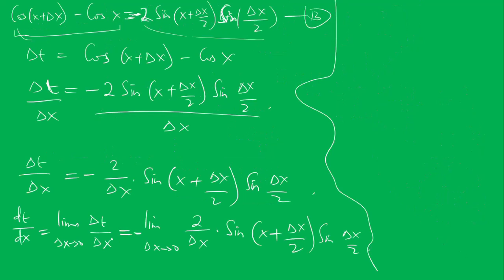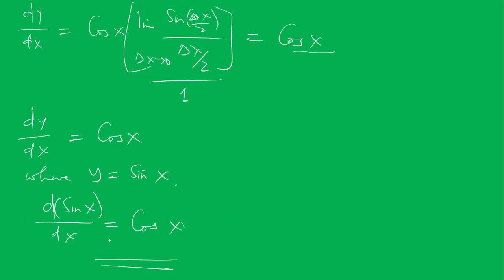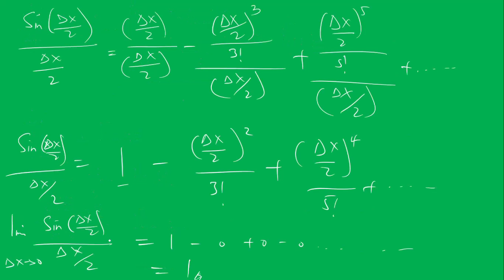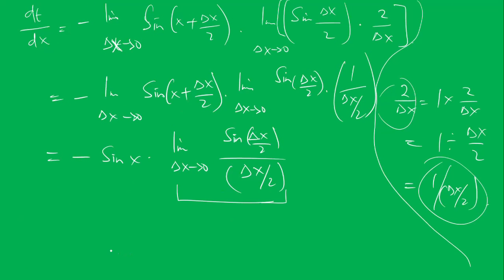We proved it here, so there is no need proving it again. So you now have minus sine x times 1, which is minus sine x.